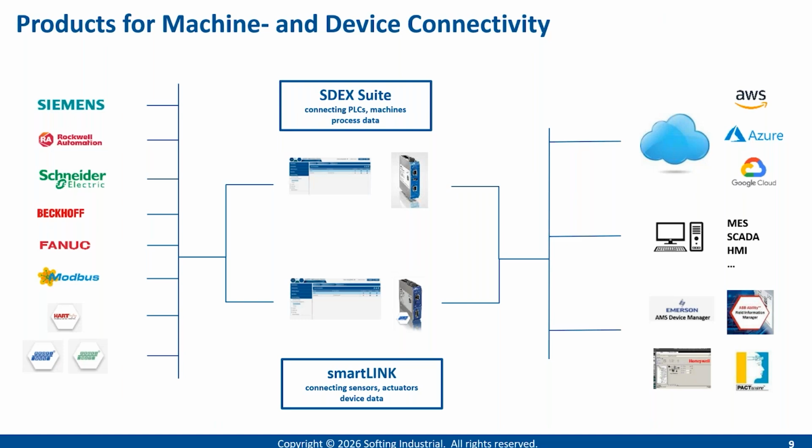Now speaking about our products, we have a new product family we introduced to the market called SDEX Suite, Shop Floor Data Exchange Suite, to make available process data from PLCs and machines to applications at the top right. And we have a SmartLink product family, making device data available to digital plant asset management.